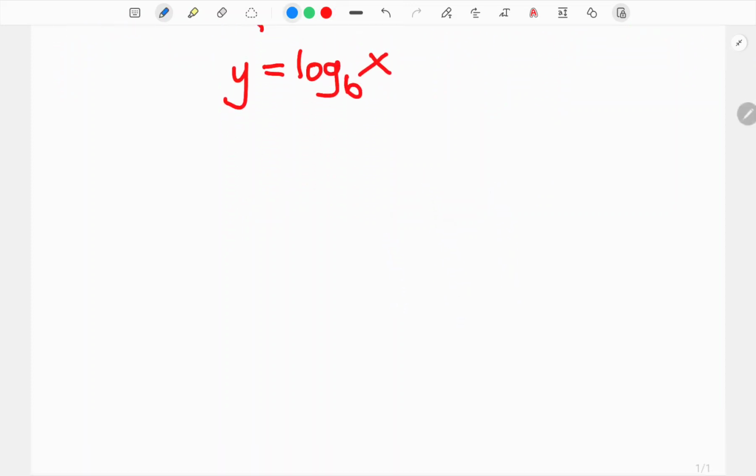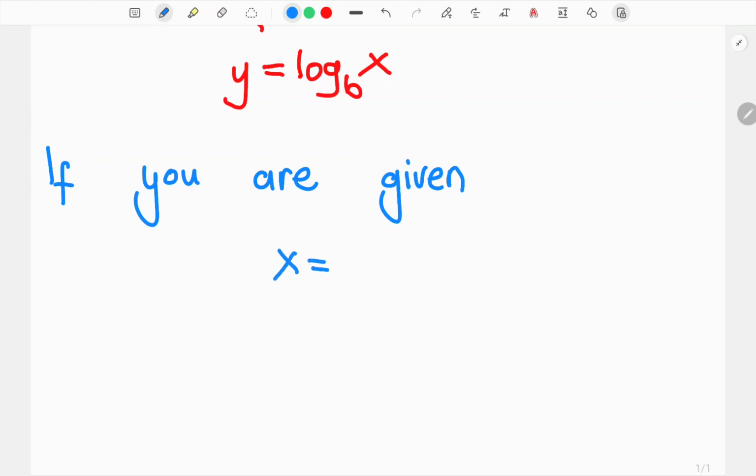Now let's say you are given x equals b to the power of y.